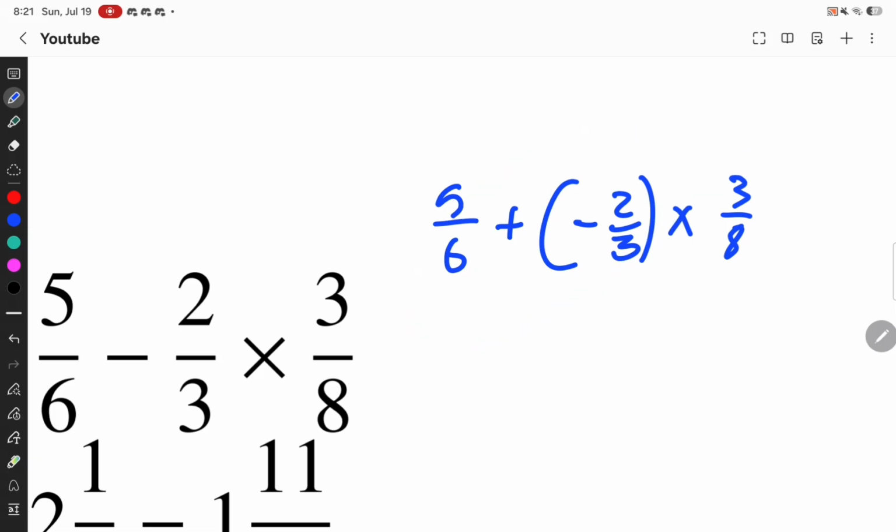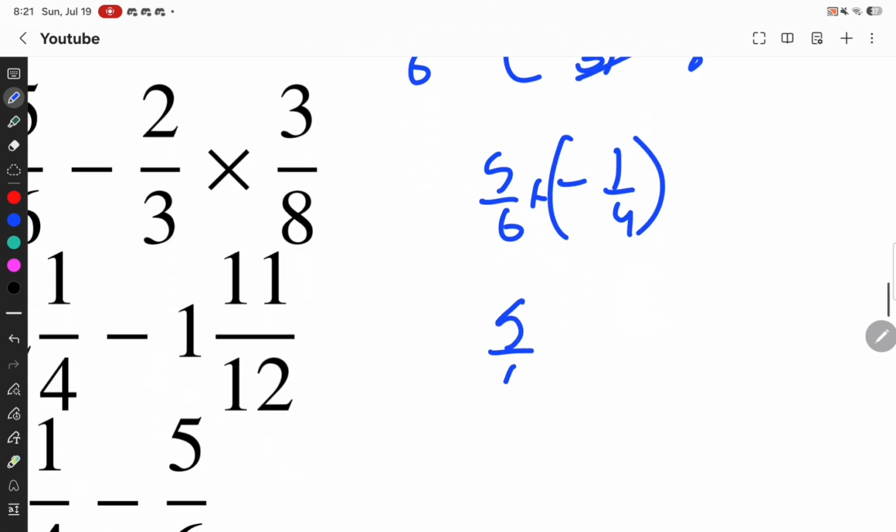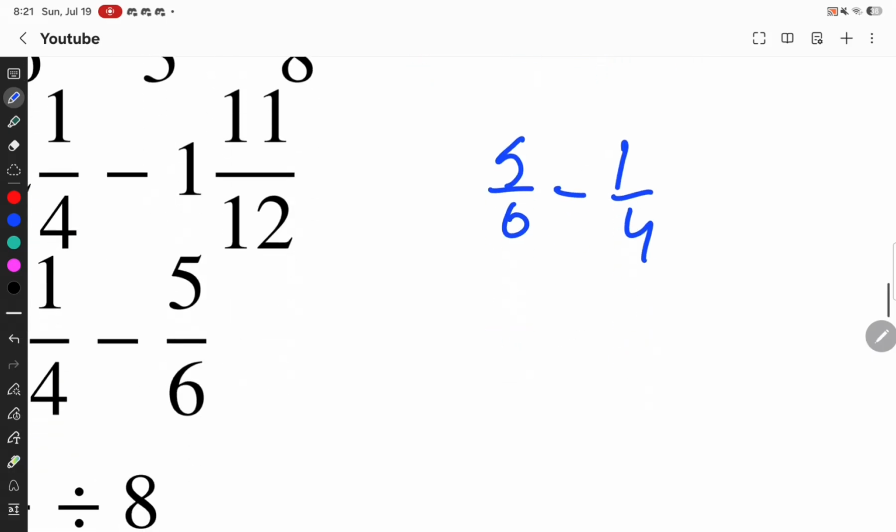Let's do this. Now first the multiplication. 2 times 3 over 3, the 3 cancels out, 2 over 8 is equal to negative 1 over 4. 5 over 6 plus negative 1 over 4, we get 5 over 6 minus 1 over 4, and we can do this easily. 4 on both sides, 20, and this is 6 on that side. 6 times 4 is equal to 24.